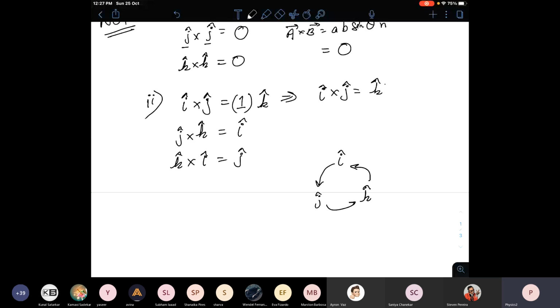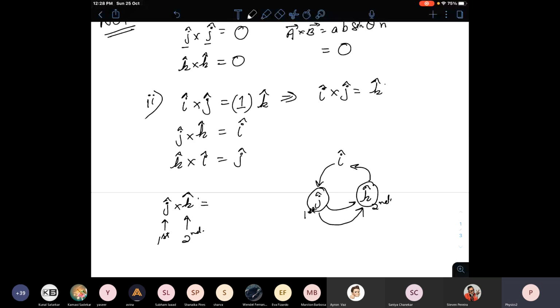Now see, suppose someone is writing J cap cross K cap. Just for example, someone wants the answer for J cap cross K cap. J cap is this, K cap is this. J cap is your first vector, K cap is your second vector. So you move from first vector to second vector, in the direction of the circle.